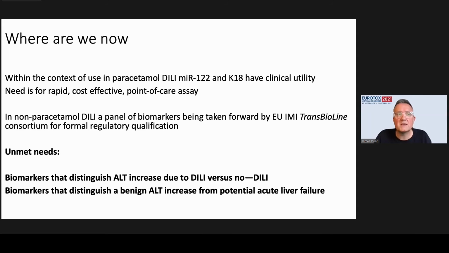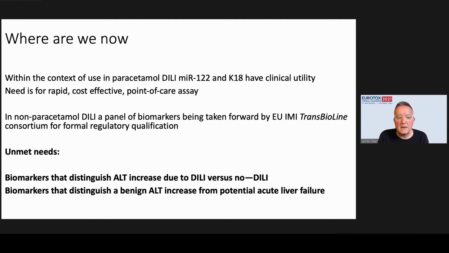In non-paracetamol DILI, there's a panel of biomarkers, including keratin 18, being taken forward by the TransBioLine Consortium for regulatory qualification. And again there, I think keratin 18 has great promise, among others, to be used in non-paracetamol DILI. So what are the unmet needs?